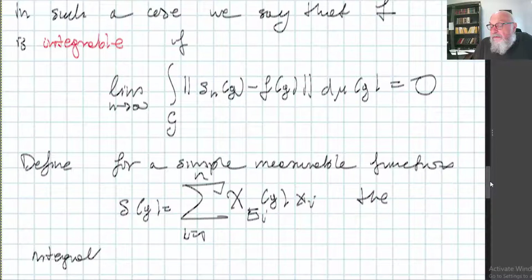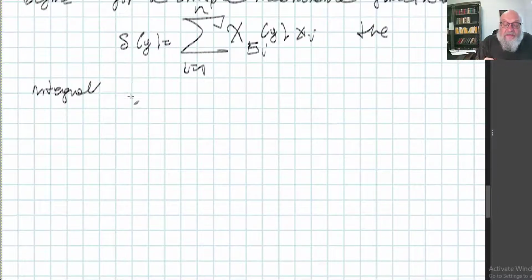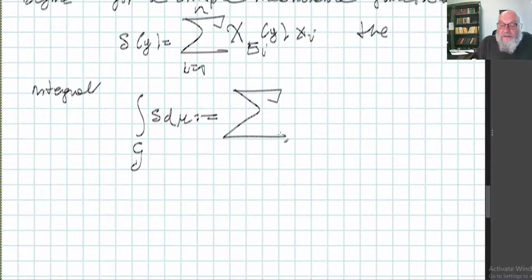And this is exactly our Bochner-Haar integral. The integral over G of S d mu will be exactly equal to the sum, i equals 1 to n, of the measure of E_i times x_i.